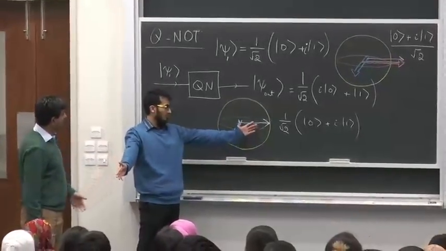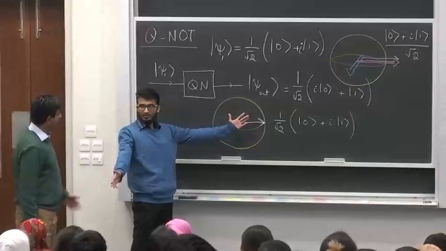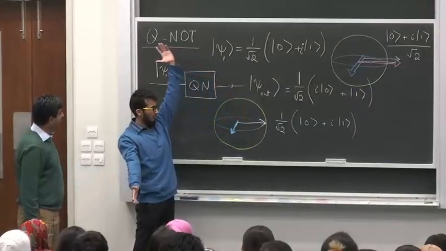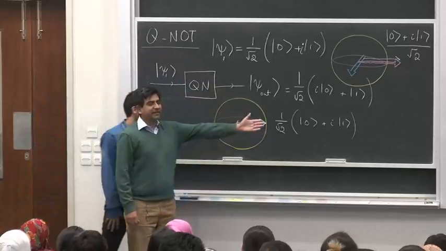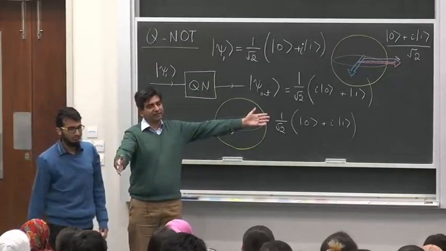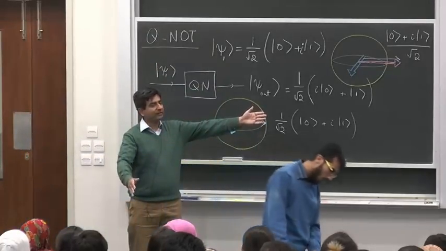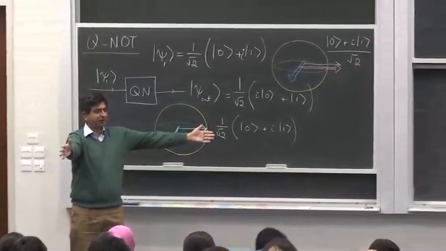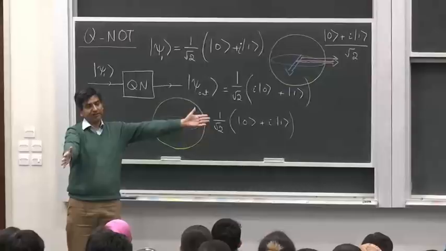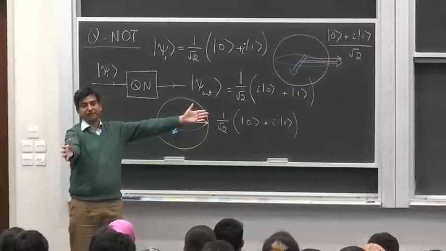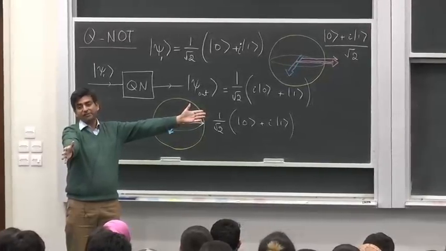Good. Consider anti-clockwise. Excellent. So this state, if I consider the rotations to be anti-clockwise, this is my axis of rotation. This is my object which is rotating, which is the quantum state. Nothing happens to the axis of rotation, it defines my sense of rotation.